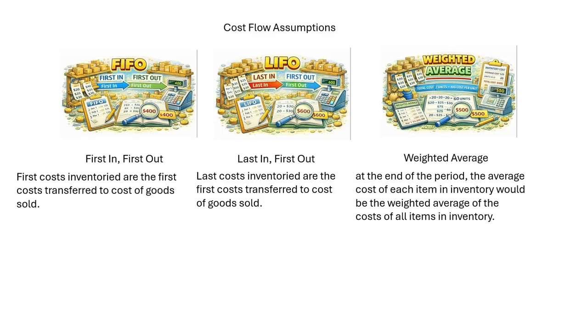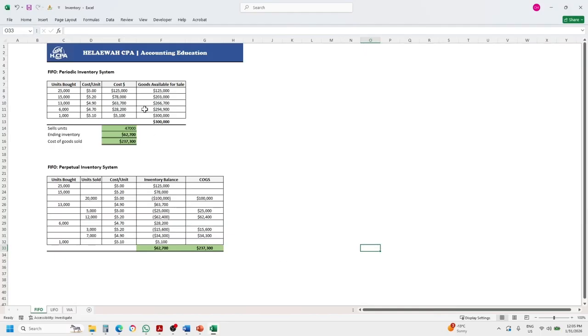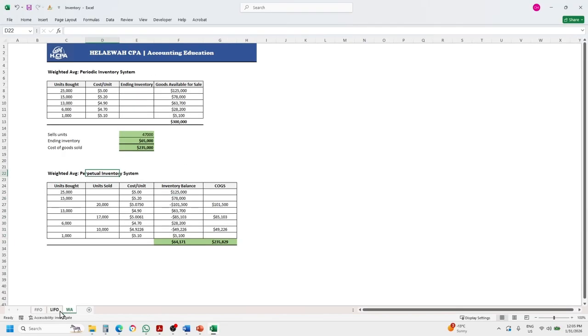And for the weighted average, at the end of the period, the average cost of each item in inventory would be the weighted average of the cost of all items in inventory. So, say we buy 3 times. We add the prices of the 3 times, or the quantities, sorry, and we divide by 3 to reach the weighted average. Now moving to Excel to do an example for FIFO, periodic and perpetual, LIFO, and weighted average.